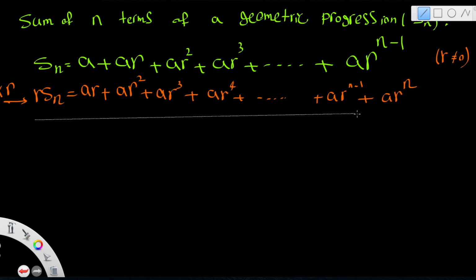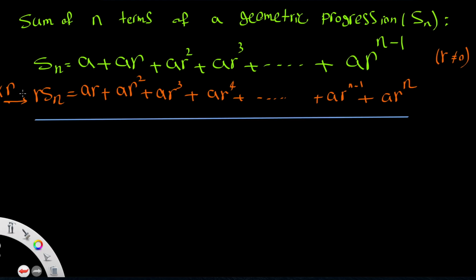Now I'm going to subtract these two equations from each other. On the left hand side we will have Sn minus R Sn. On the right hand side, you have A, because there is no like term in the second equation to cancel it out, so it remains.